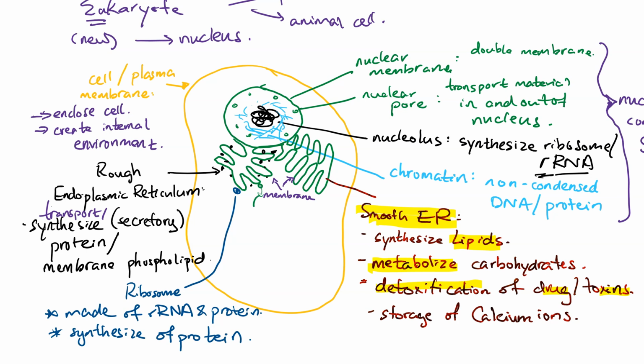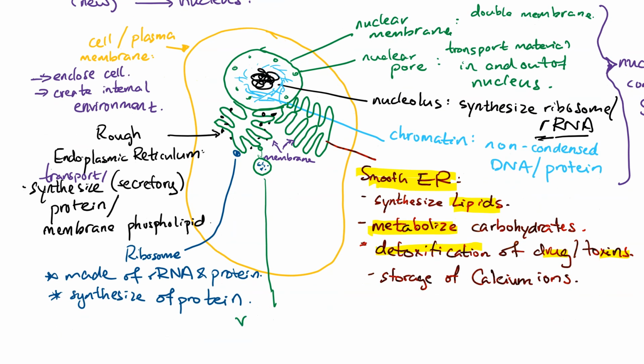Right, it's going to bud off, and the thing in there is something like a protein. So this is a vesicle. A vesicle is a membrane-bound sac. Think of it like a membrane ball. Okay? And these vesicles can be used to transport the made product.